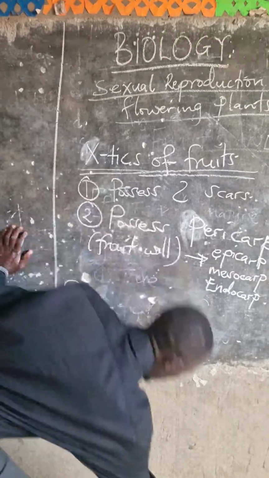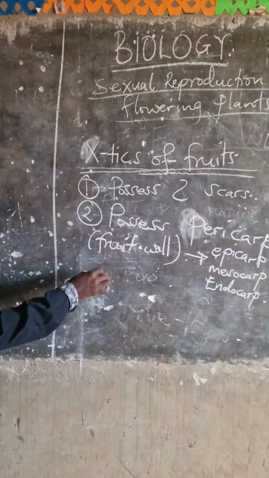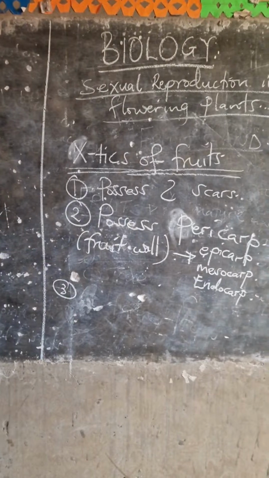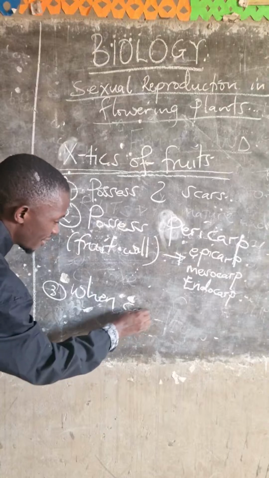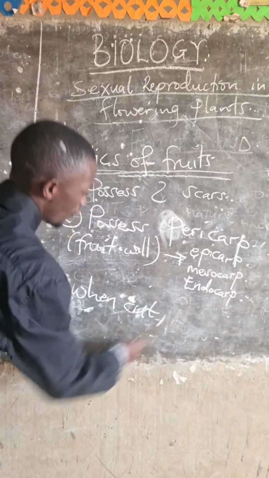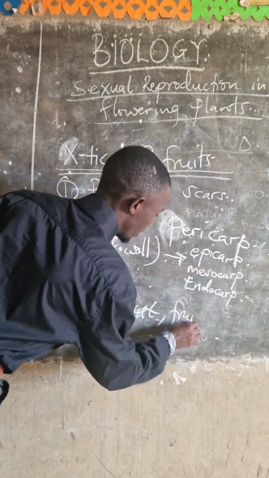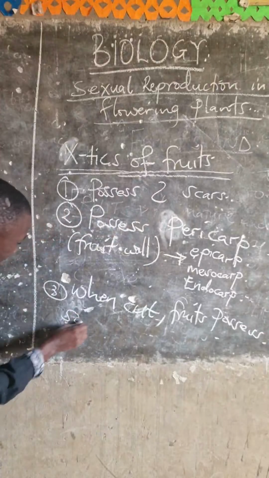We are giving the characteristics of fruits. So the third characteristic: when you cut any fruit, you'll find that all fruits possess seeds. It is a characteristic of all fruits.